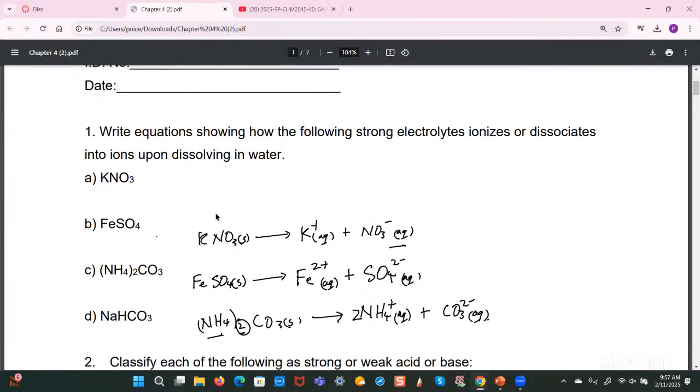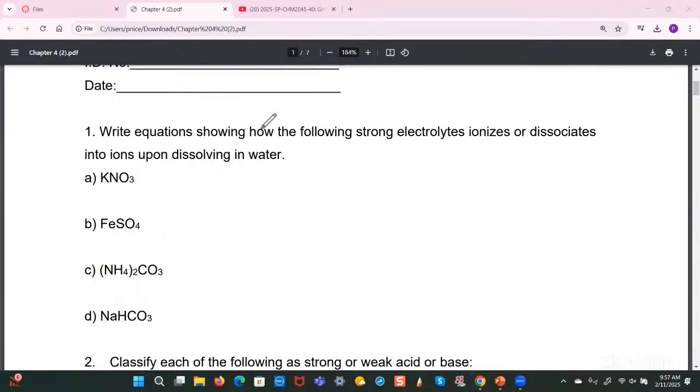Let me clear this. Okay, NaHCO3, solid. When added to water, what would be the result? What would be the ions formed?